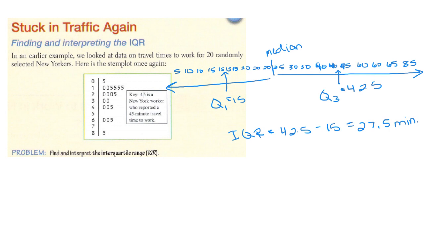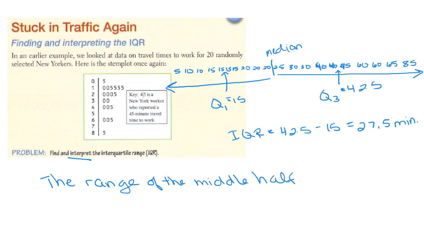So what this means, when we're asked to interpret it here, we need to explain what it means. Our interpretation here is that the range, remember, is going to be a one number value. Range is not 15 to 42.5. The range is 27.5. So the range of the middle half of the data, that's what's happening here when we're looking at this IQR. We're looking at the middle of the data. Basically, if we were looking at 100 data points, we're looking at the data points between 25 and 75.